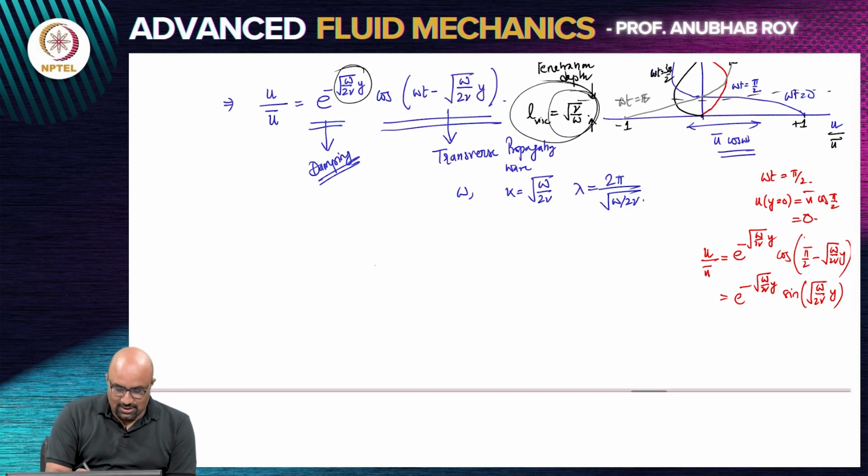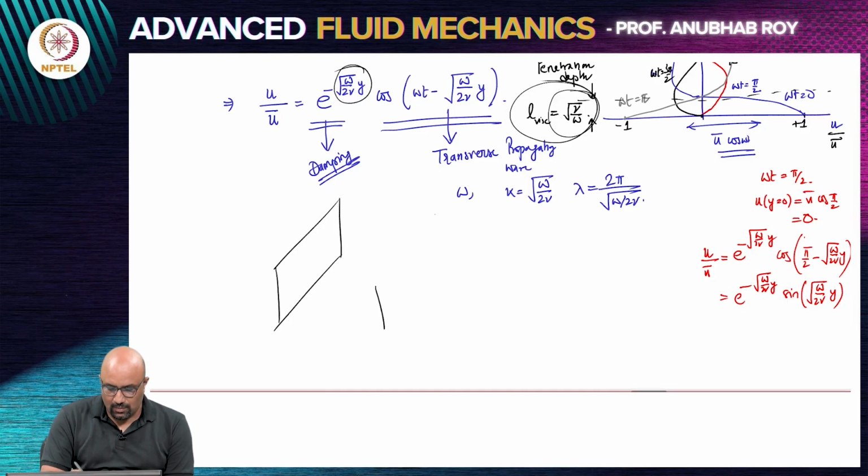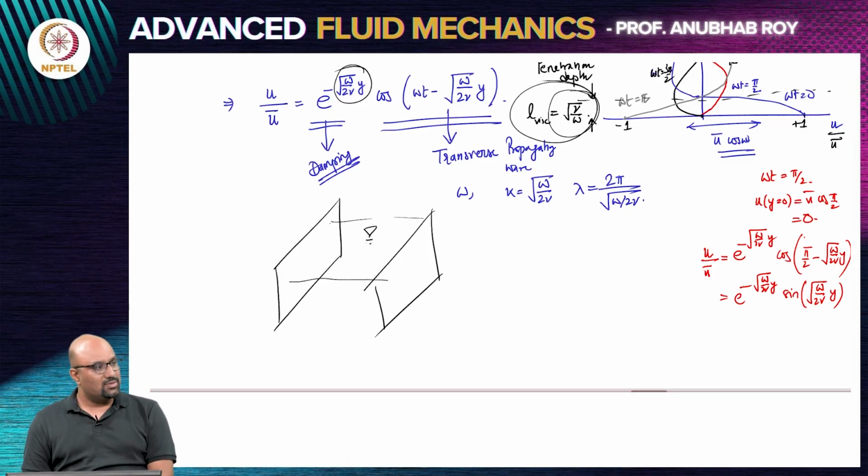Say for instance, there are two side walls and there is a fluid confined by these two side walls. It's like a channel. You can think of various examples, like an open channel.